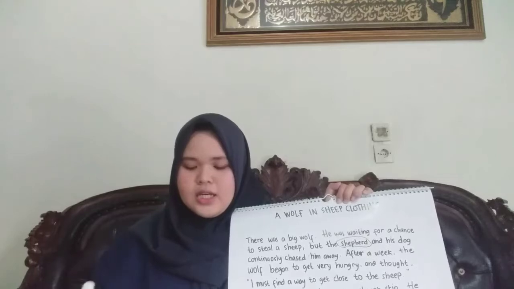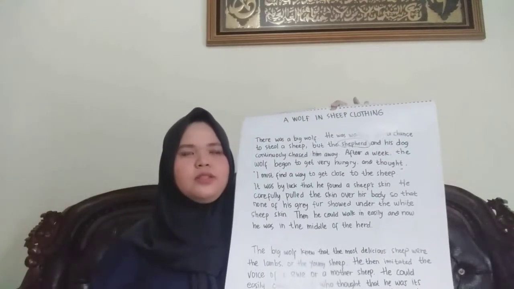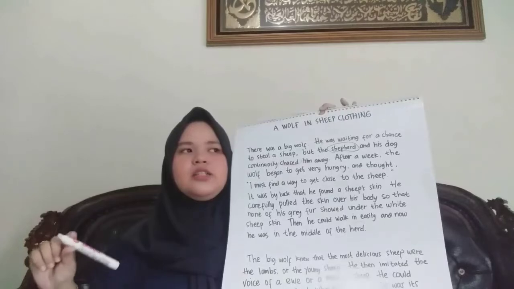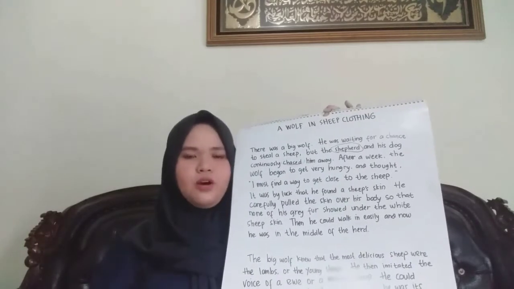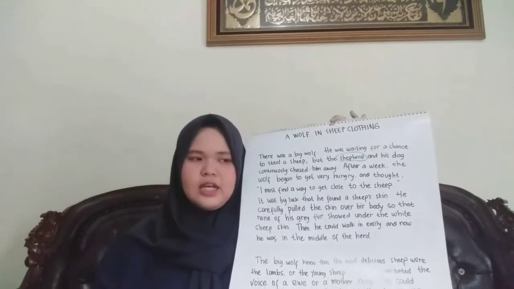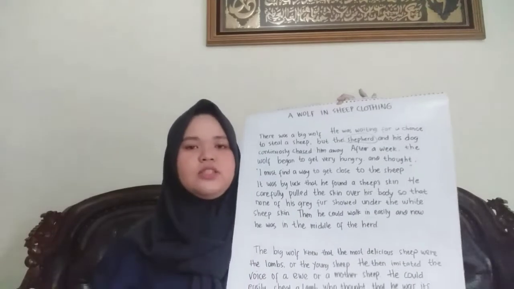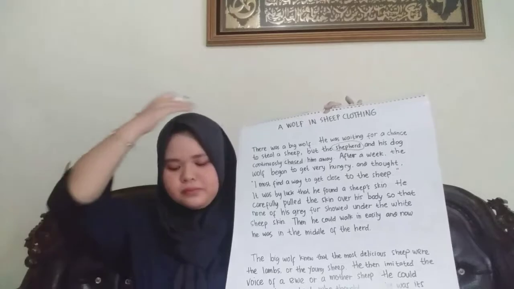Next, I want to explain about the structure of this fable. As you know, a fable is one example of narrative text. Narrative text is an imaginary story or text to entertain people.